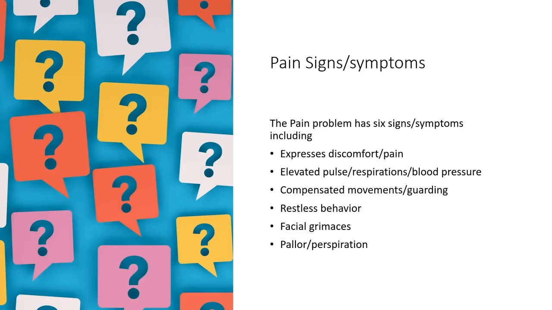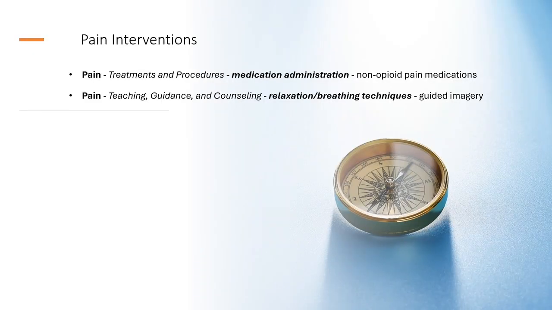These help to discern and document when a person is having pain. Here are 2 of many possible interventions that may be used to address the pain problem. They are written in the problem, category, target, and guide structure. The first is for administering non-opioid pain medications, and the second is about teaching guided imagery techniques.